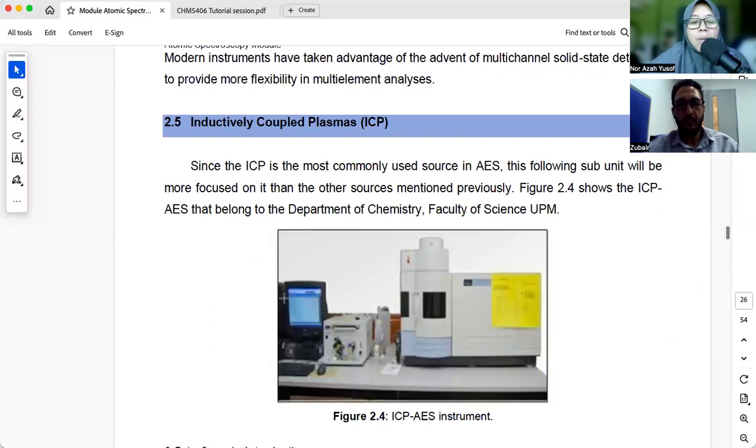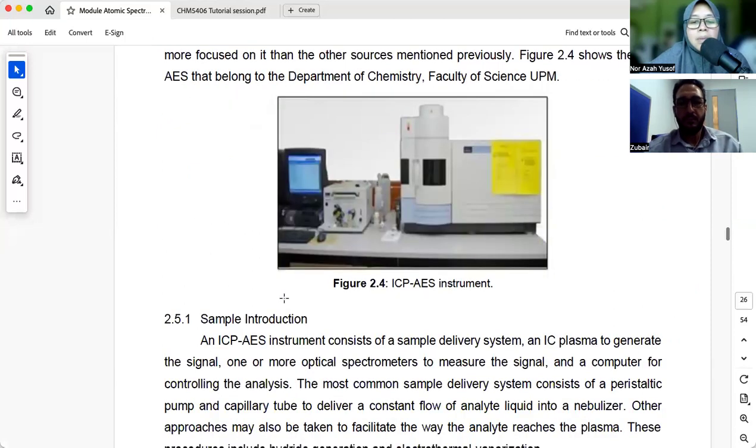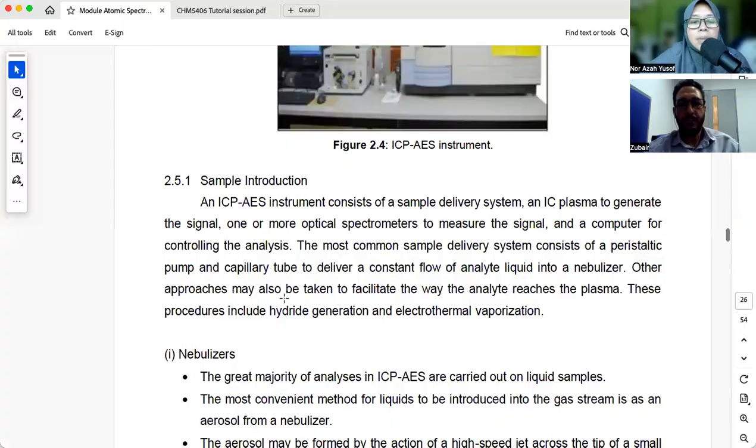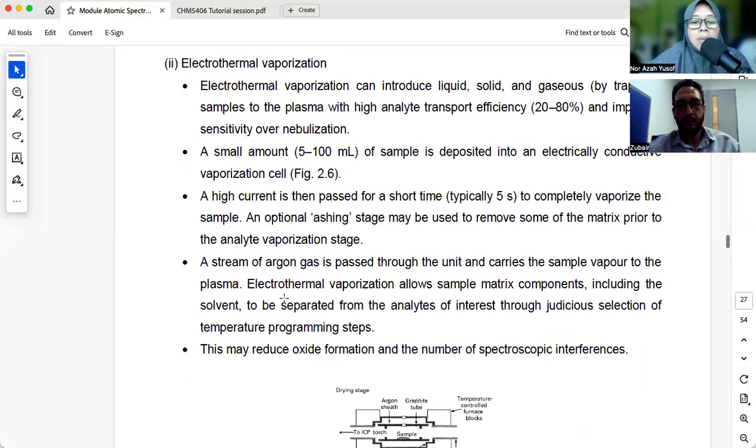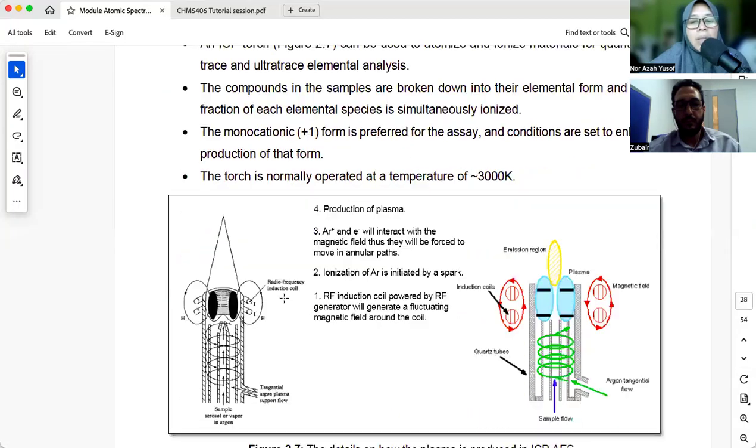Okay, so plasma, this is how it looks. So this is the argon gas flowing here, and we have radio frequency induction coil that ionizes the argon.